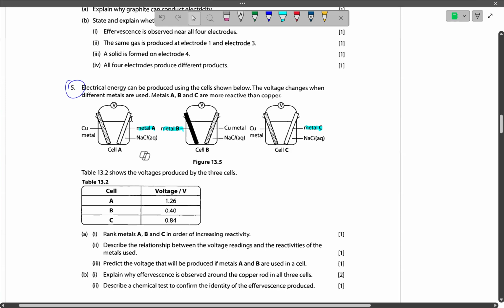Electron will flow from A to copper, C to copper. A is highest, followed by C, followed by B. Let me think. This could be copper to B. Okay, this question is a bit strange.